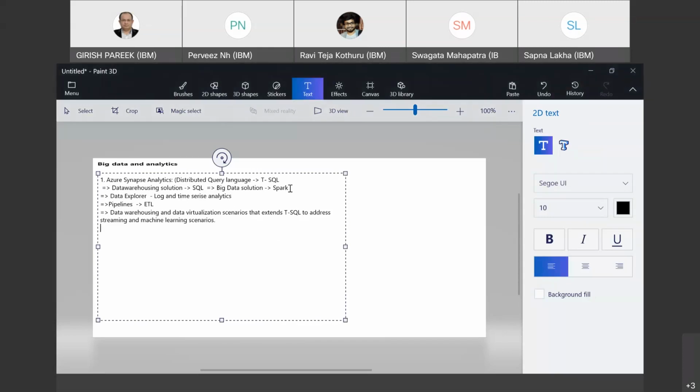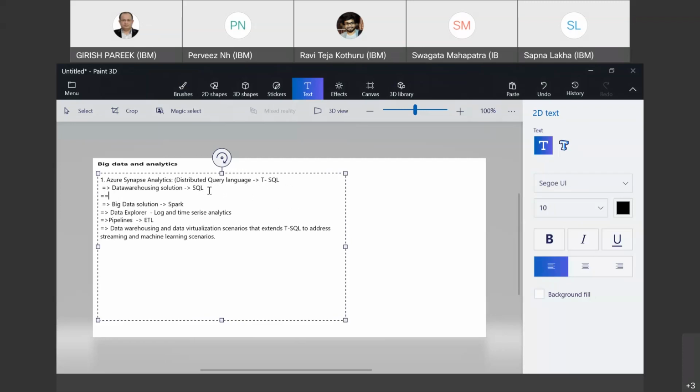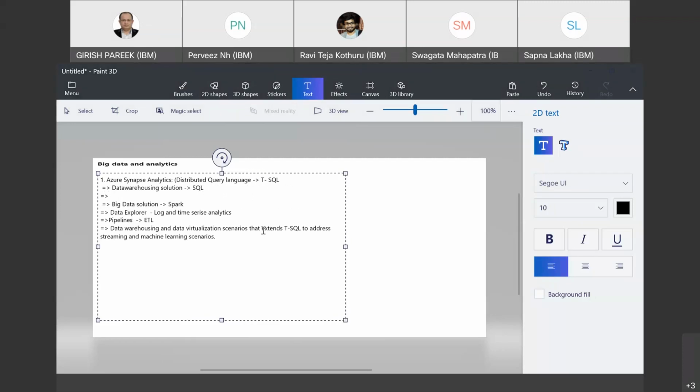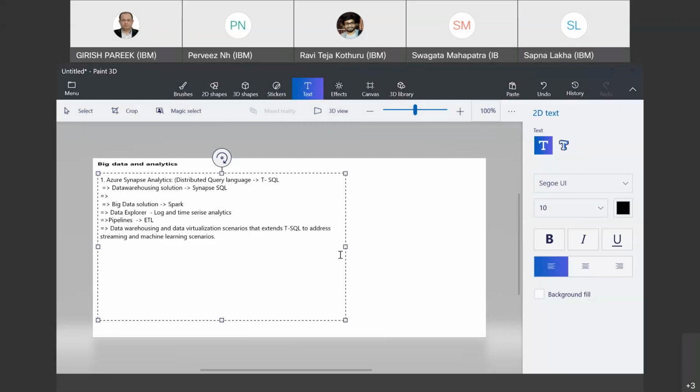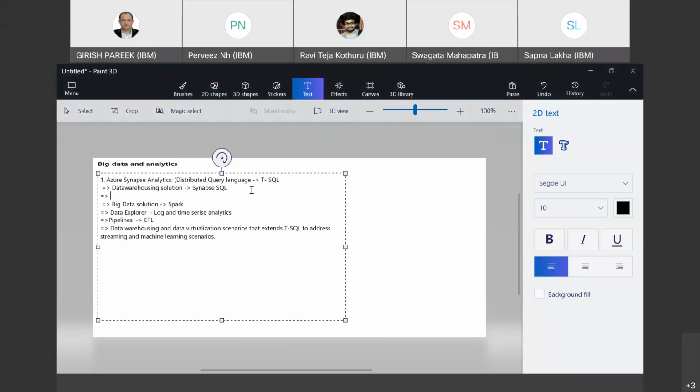When I'm talking about SQL here, this is not a normal type of SQL. It is T-SQL, and this type of SQL is known as Synapse SQL, so I should write Synapse SQL here rather than simple SQL. This Synapse SQL comes in both the serverless model and the dedicated model.